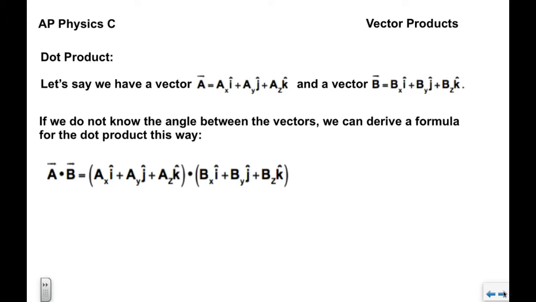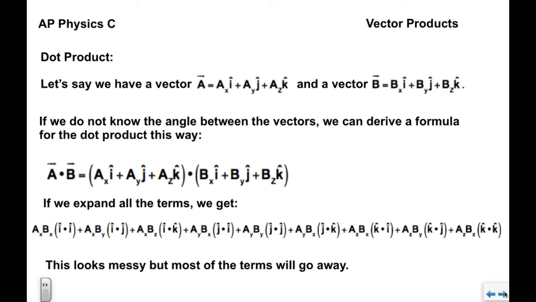Now, if we don't know the angle between the vectors, we can derive a formula for the dot product this way. We're going to write out the two vectors, axi, ayj, azk, and then dotted with bxi, byj, bzk. We're going to FOIL those, expand all the terms, and what we find is that the coefficients we can just multiply.